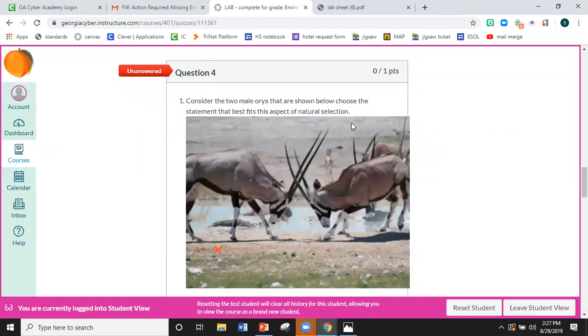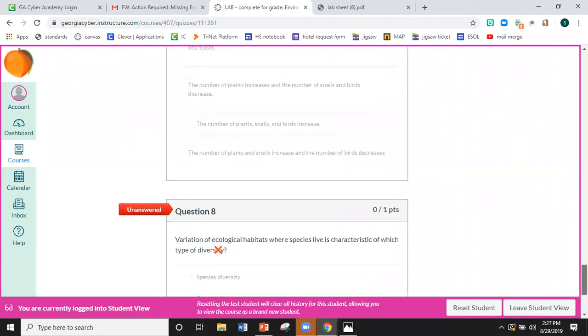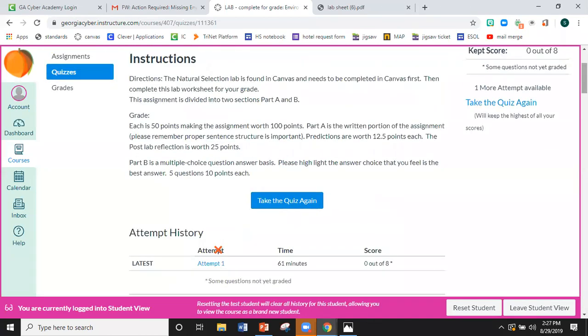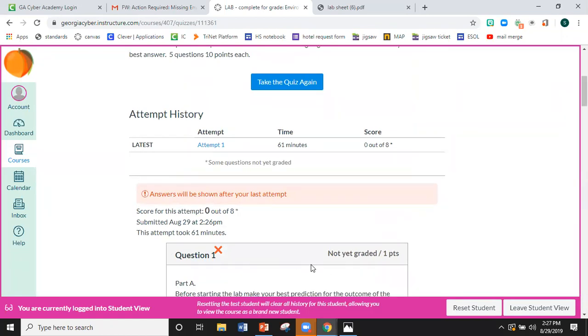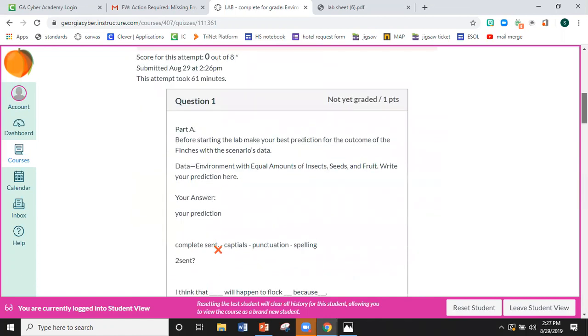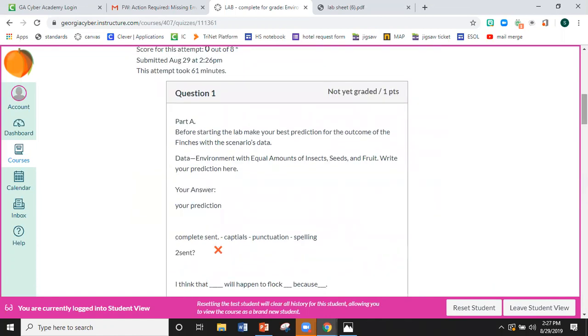I don't know if it'll show you the answers after you've taken both attempts, because you only get 2 tries. So if I were you, I would wait until I got this part graded and then redo it. Let me grade it and see what you missed first, then redo it. Don't take both attempts tonight, because I haven't graded your writing, so that's not going to help you. All you'd be able to really change is your multiple choice.